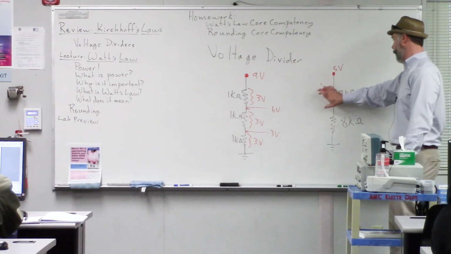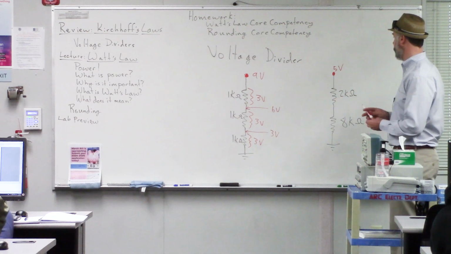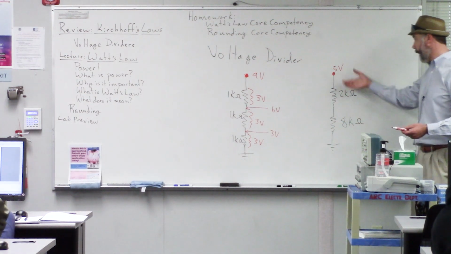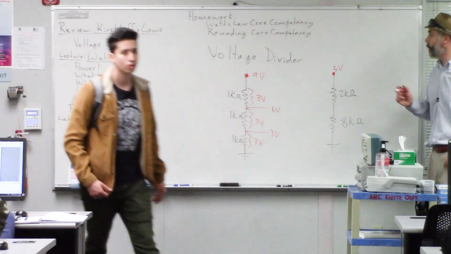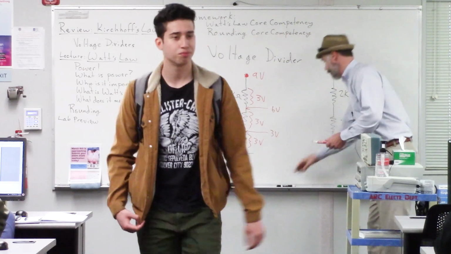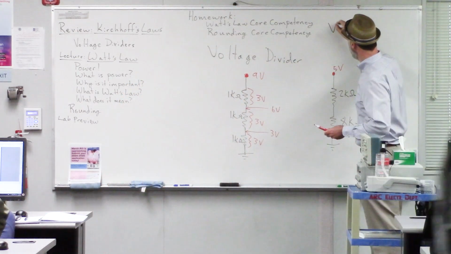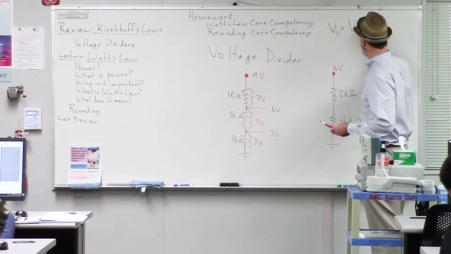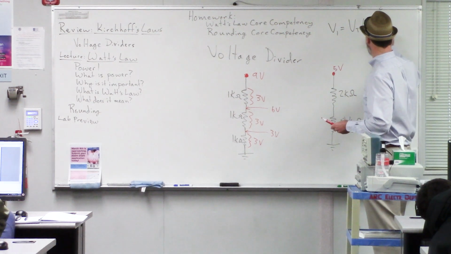Now we want to know how much voltage is across these resistors. Well, since these resistors are not the same, we can't just divide 5 in half. We have to use that other formula. So the other formula was V1 equals V total times R1 over R total.